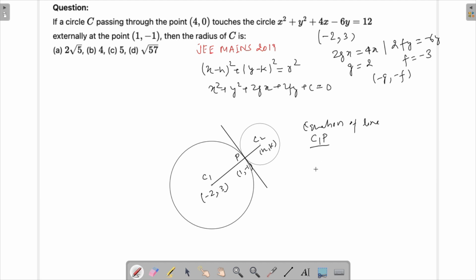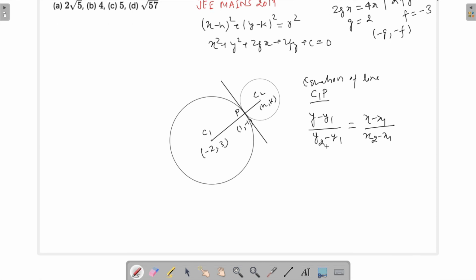The equation would be something like y minus y1 upon y2 minus y1 equals x minus x1 upon x2 minus x1. Let's treat this as x1, y1.